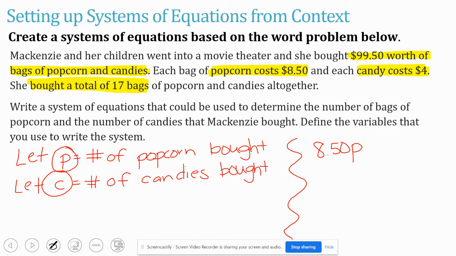And we also want to include candy here. So we don't know how much candy she bought, but we know that it costs $4 each. We know that C represents candy. So we're going to add 4 times C. So $4 times the amount of candies that she bought, and that should give us a total of $99.50.